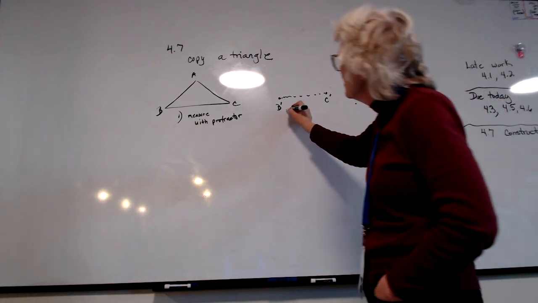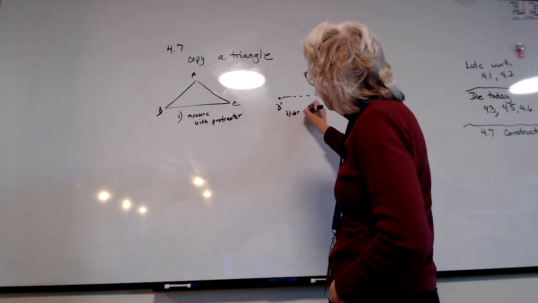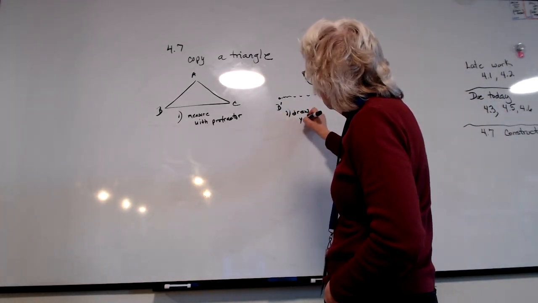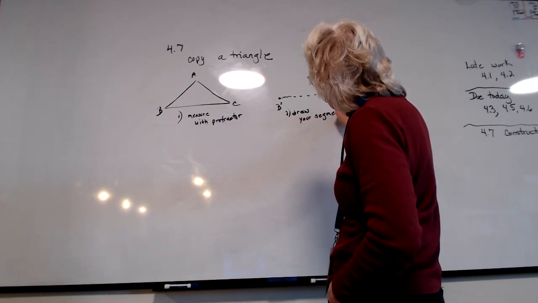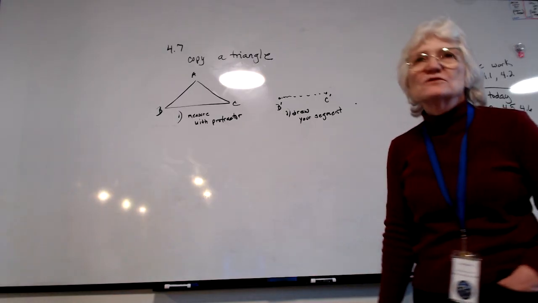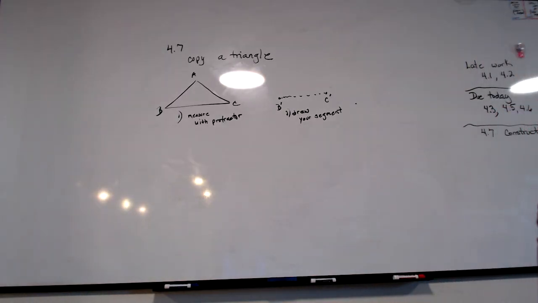Okay, so 2, draw your segment. So that's the first thing that you do. The second thing that you do, we said the length of BC.